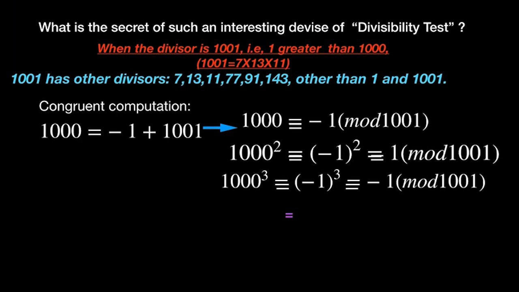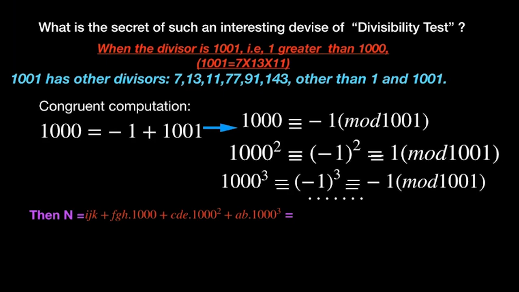So every even power of 1000 will give positive 1, and every odd power of 1000 will give -1 as the remainder.